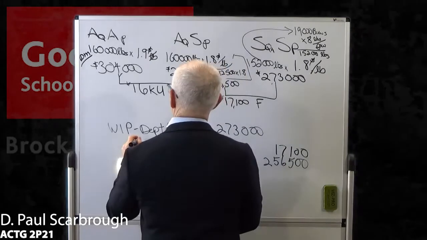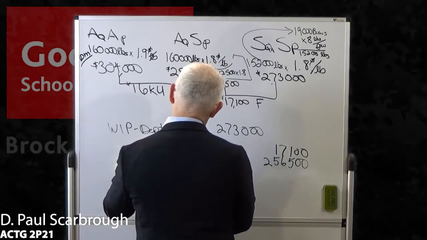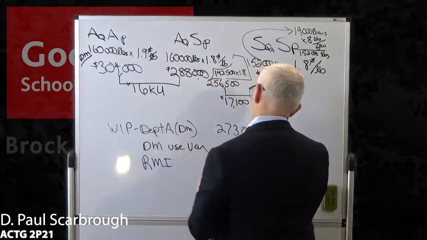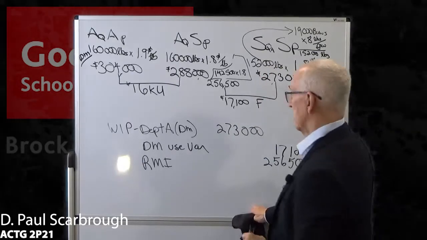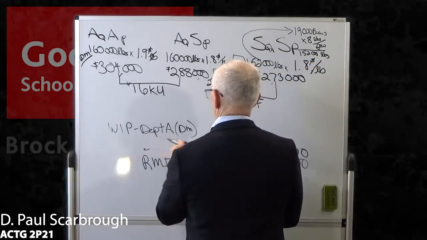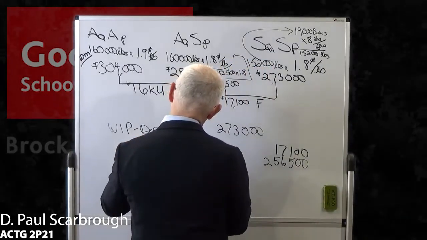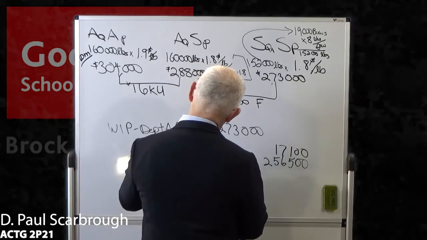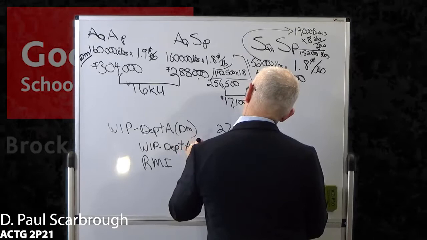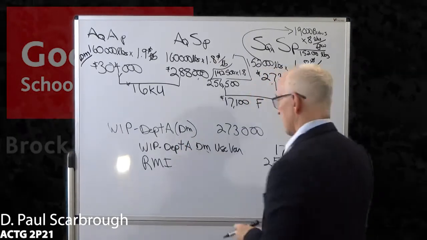And this is our raw or our direct material usage variance, Department A. Another thing you could do, actually a better way to do this, is to say WIP, Department A, direct material use variance.